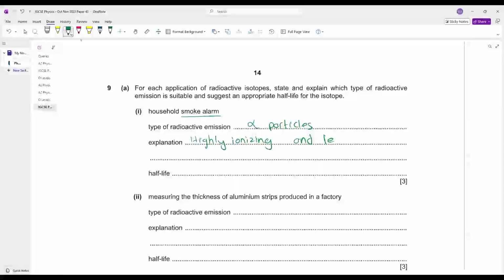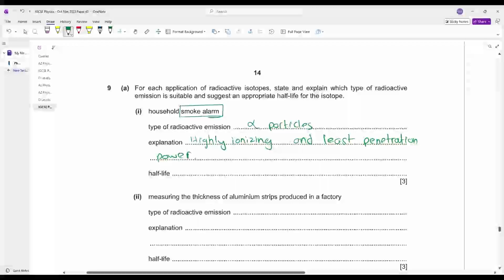Whenever we use a smoke alarm, we use an alpha source with a very large half-life. So let's say 50 years.